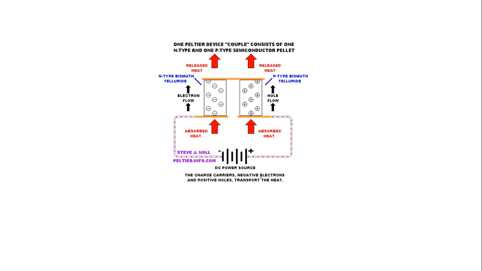The charge carriers, negative electrons and positive holes, transfer the heat. In n-type, electrons are responsible for the transportation of the heat, and in p-type, holes are responsible for the transportation of the heat.